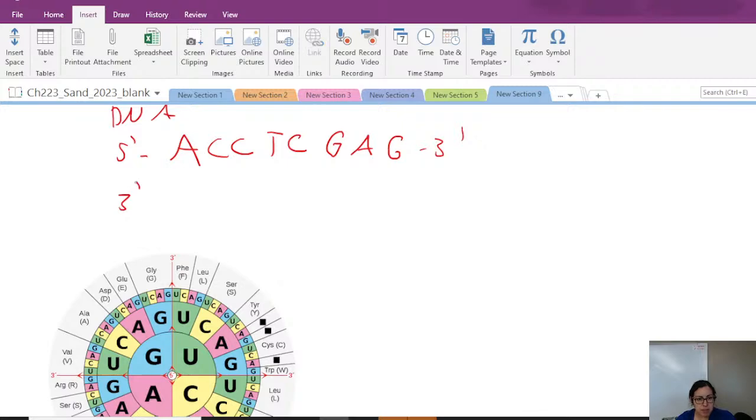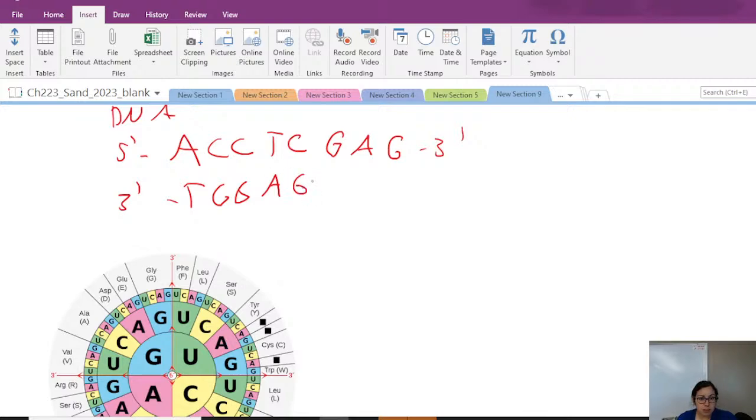And then when we match it up, it goes 3 prime, and then you have to, of course, take the complementary ones, so A with T, C with G, so T, G, G, and T goes with A again. And this is DNA, so no U's in this one.